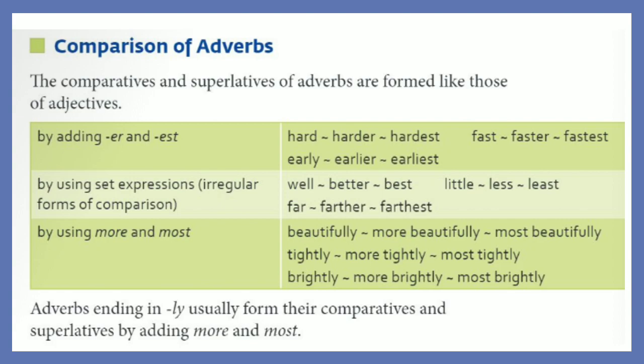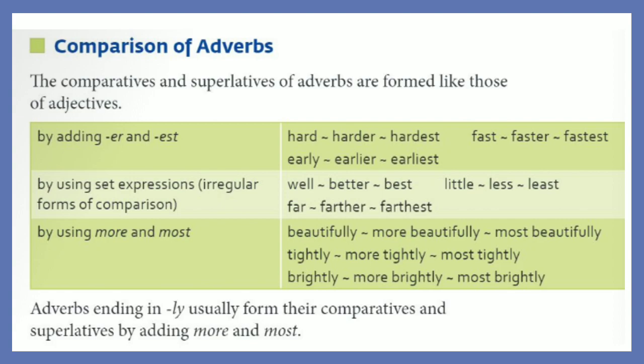There are also set expressions for irregular forms of comparison. Just like adjectives, adverbs too have irregular forms of comparison. For example, well, better, best; little, less, least; far, farther, farthest.